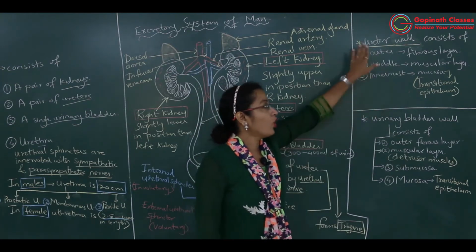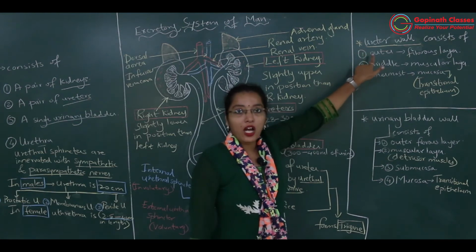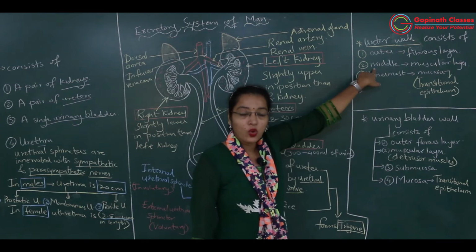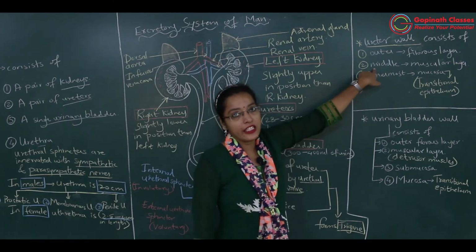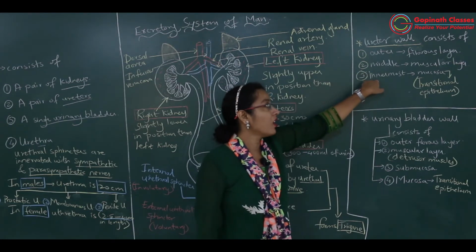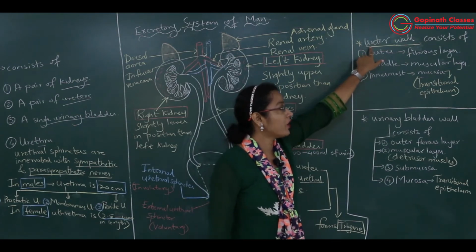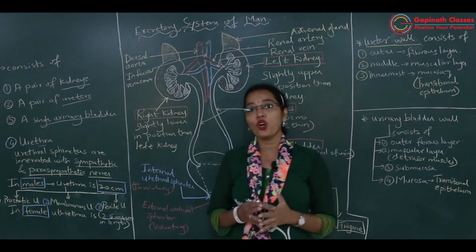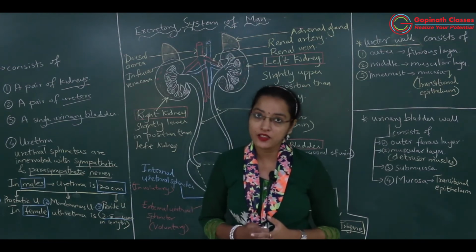Got it? So the ureter wall consists of outer fibrous, middle muscular, that too outer longitudinal and inner circular, and the third layer of the ureter wall is known as mucosa, which consists of transitional epithelial cells.